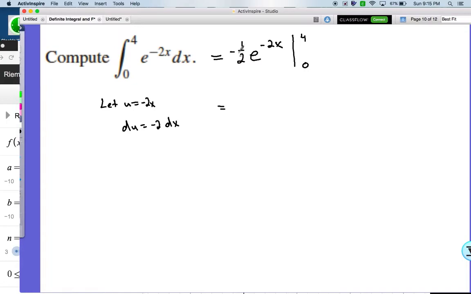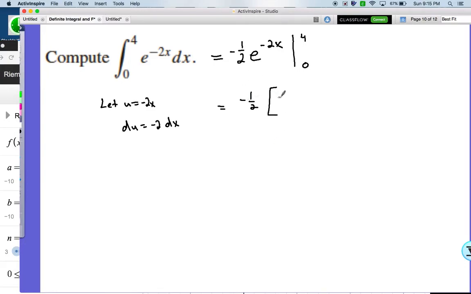Any coefficients that come in front, especially if it's just this one term, you can either put the negative 1/2 into both terms when you do the f of b minus the f of a, or I like just to go ahead and put it up front, because it's going to be in both places.